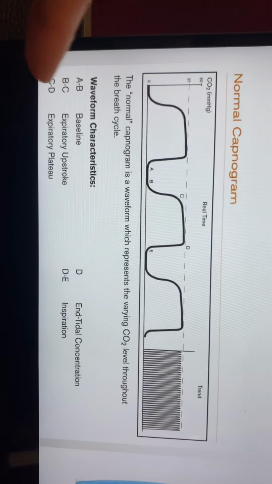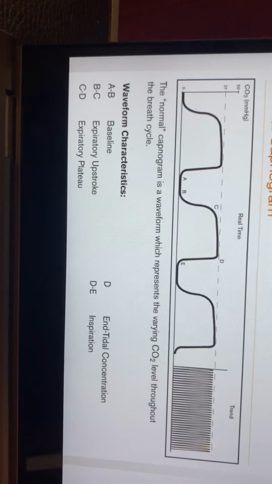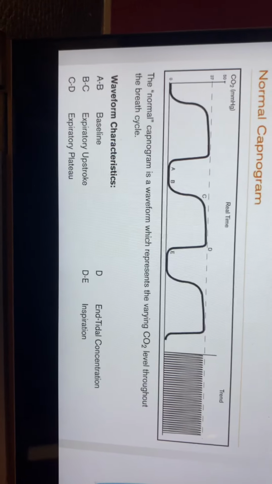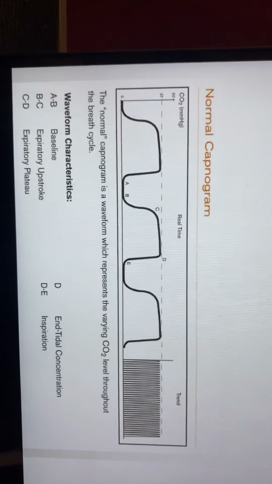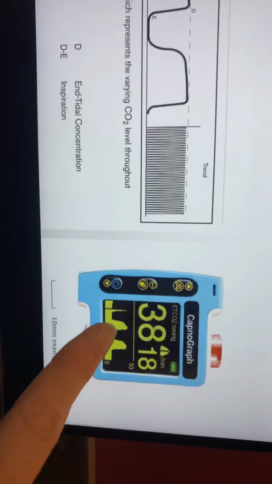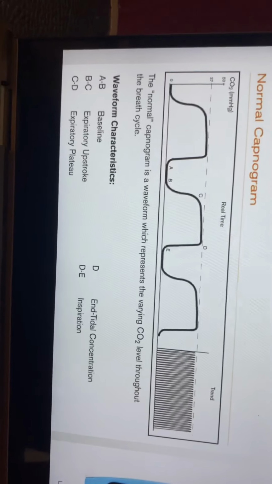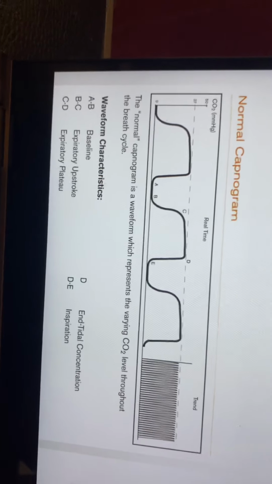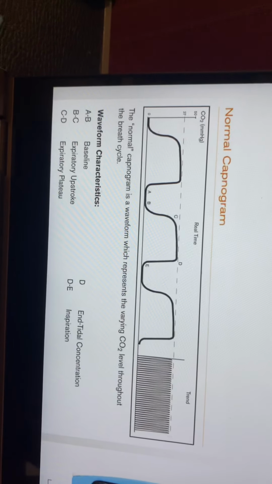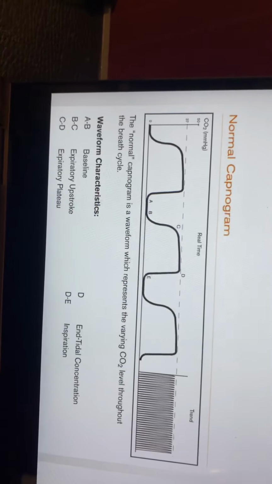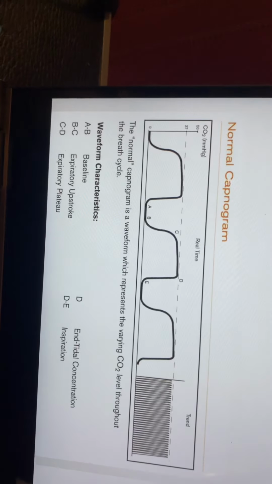Then C and D would be the expiratory plateau. And D would be the end tidal concentration. So D on the graph is the reading for EtCO2. And then you have DE, which would be inspiration. This is an example of a normal capnograph reading in real time.